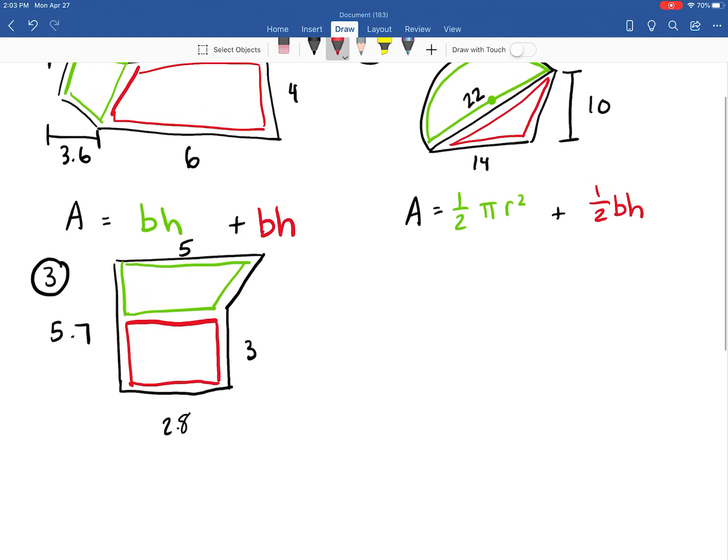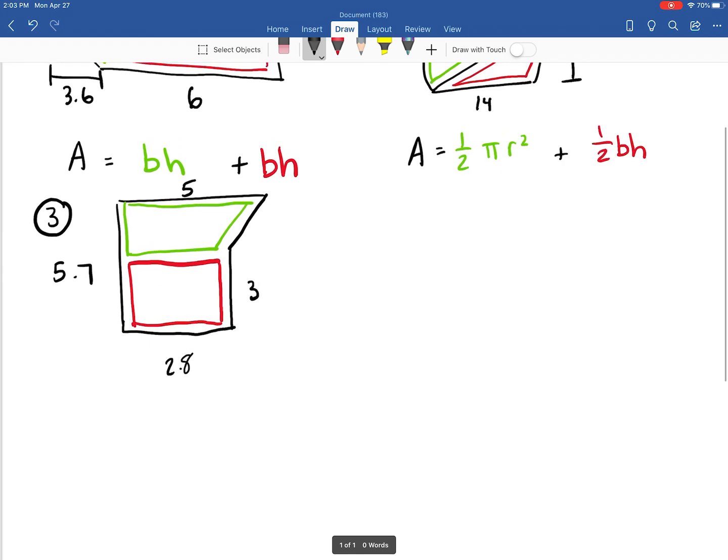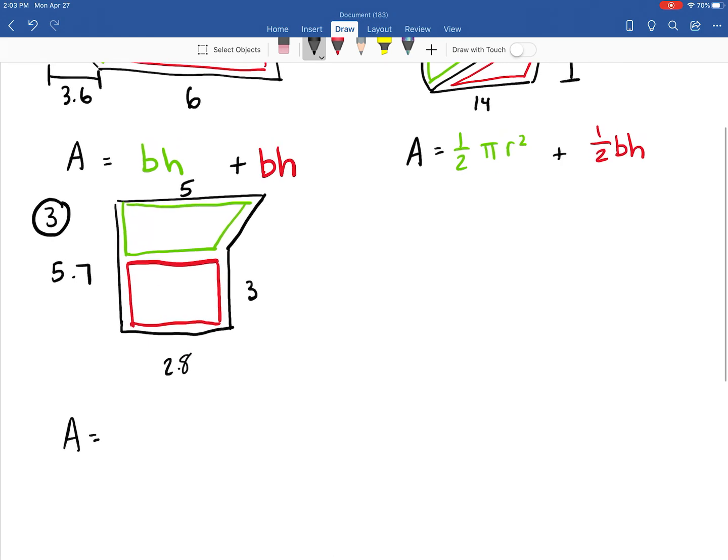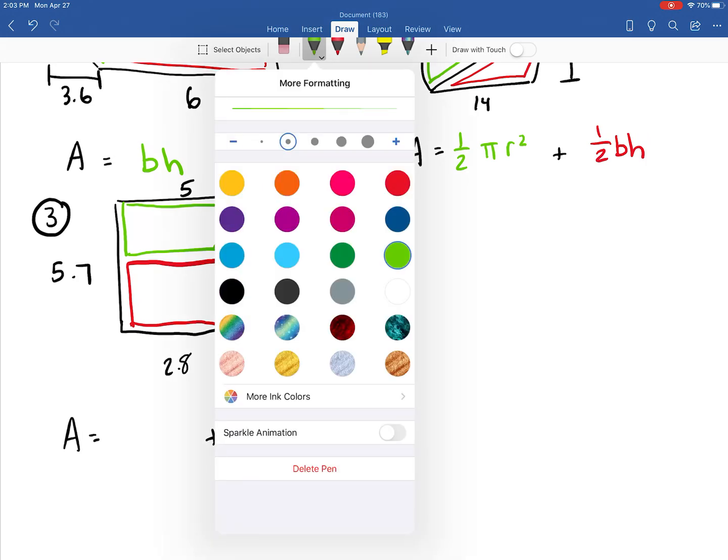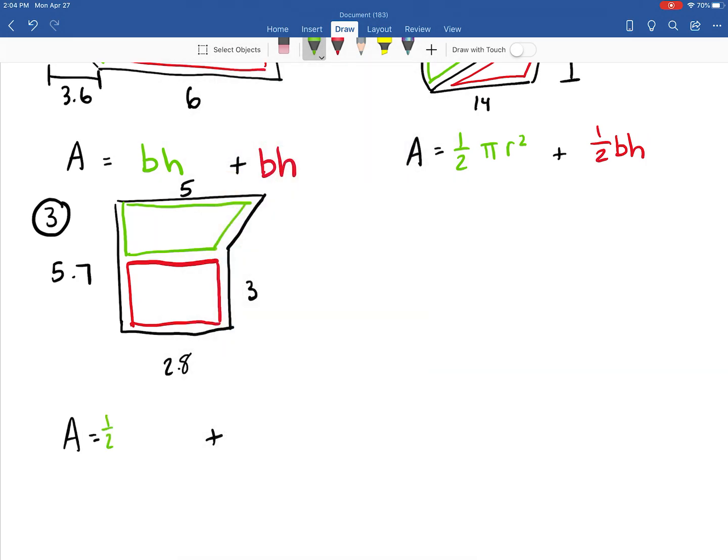The area formulas I will need will be that of a trapezoid, which is 1/2 base 1 plus base 2 times the height, and the area formula for a parallelogram, the base times the height.